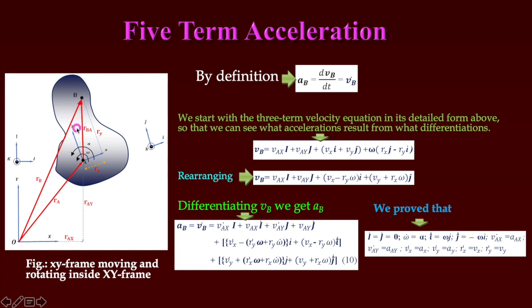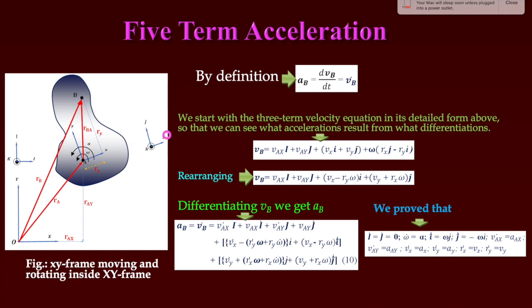But in the case of the moving reference system, the unit vectors small i and small j, though they change direction, the magnitude remains the same. And as there is a change of direction, the vector is changing, not in magnitude but in direction.